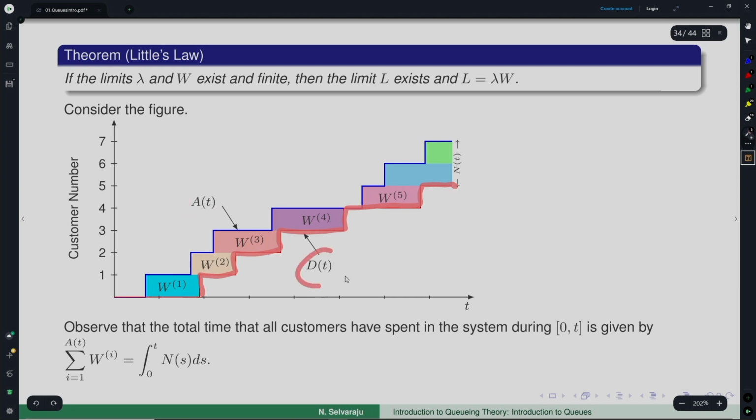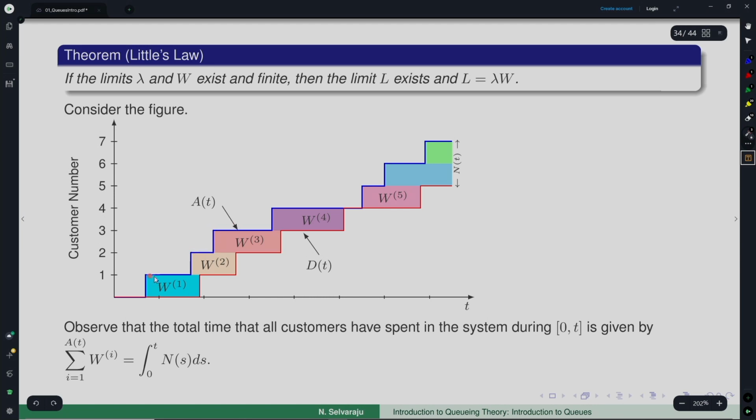Now, at this point the first arrival happens. So, the cumulative number of arrivals is 1 and it remains 1 until this point of time, and then at this point the second customer comes. So, it moves to 2 and so on. The first customer arrives here, second customer arrives here, third customer arrives here, fourth customer arrives here, fifth customer arrives at this point and so on. So, you will get this figure.